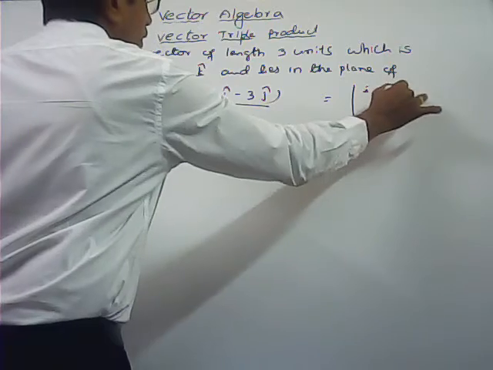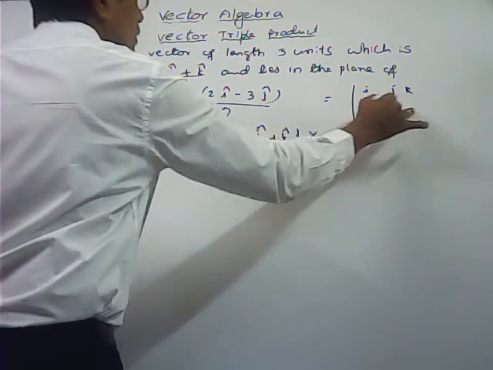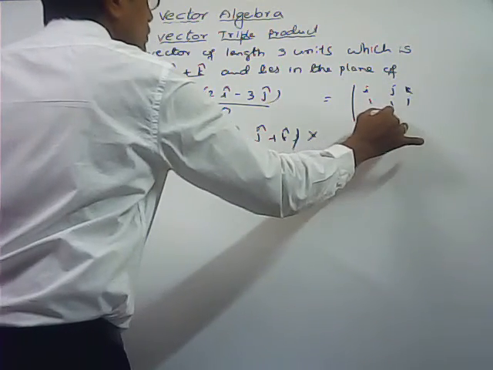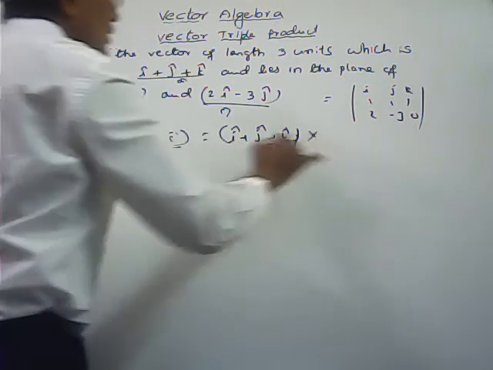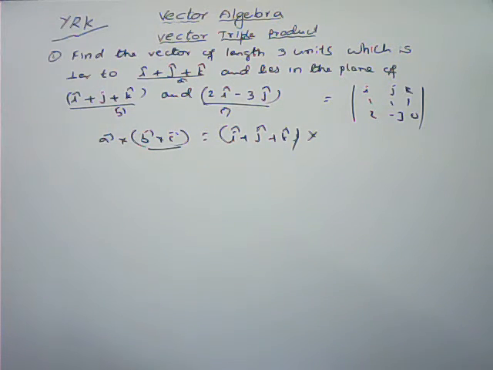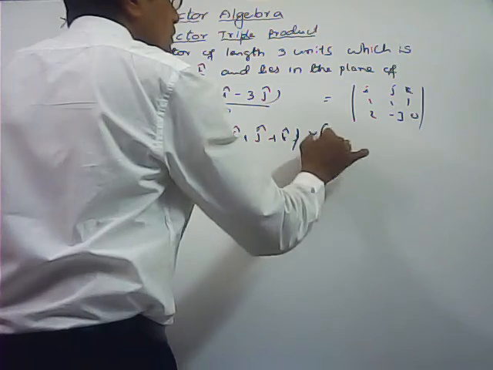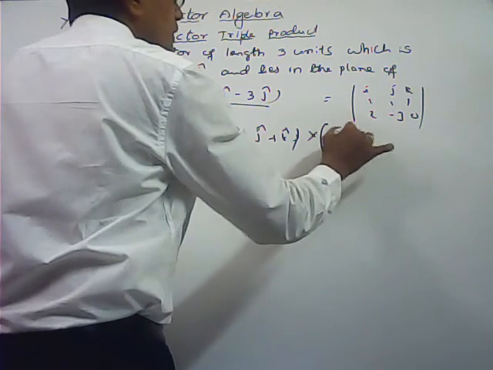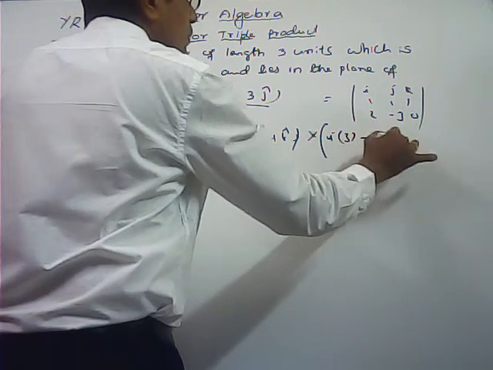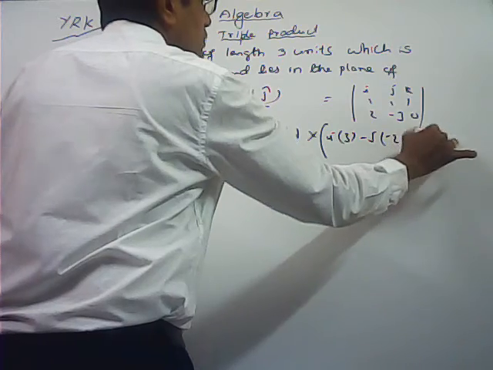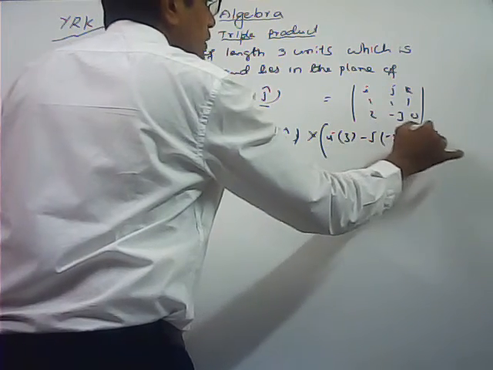Determinant of i j k, 1 1 1, 2 minus 3 0, and expand that one. Here you can expand that one, there you can get one vector and again do the cross product with this one. Here how to get this one? i into 3 minus j into minus 2 plus k into minus 3 minus 2, minus 5.